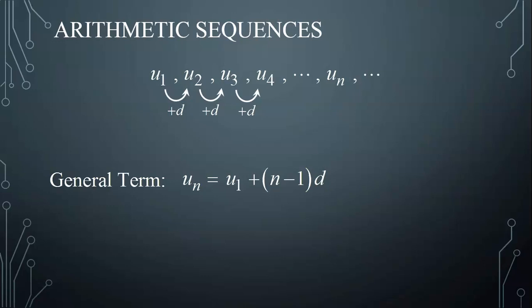However, if I aim to determine the nth term Un using a term other than U1, let's just call it Um, then since I replaced U1 in the general term by Um, the factor multiplying D, which is n minus 1, is replaced by n minus m.